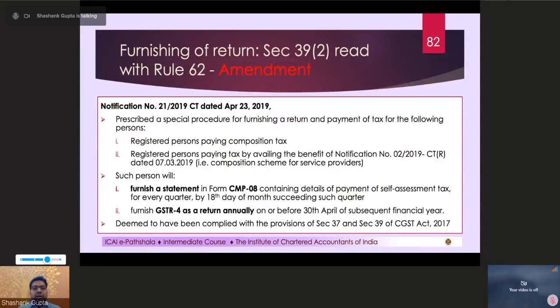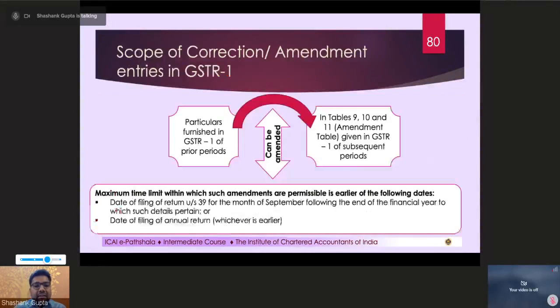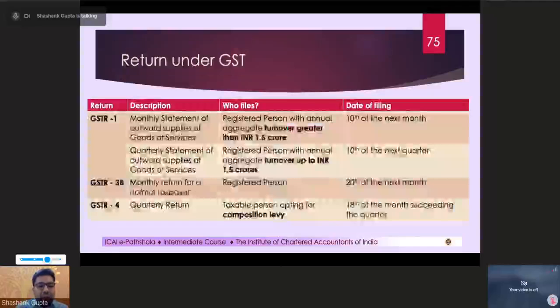Next is furnishing of return under section 39 subsection 2, read with rule 62. It prescribes a special procedure for furnishing a return and payment of tax, that is, for persons paying tax under composition scheme, that is composition taxpayer. So here we had discussed that they are required to file GSTR 4 quarterly, right?